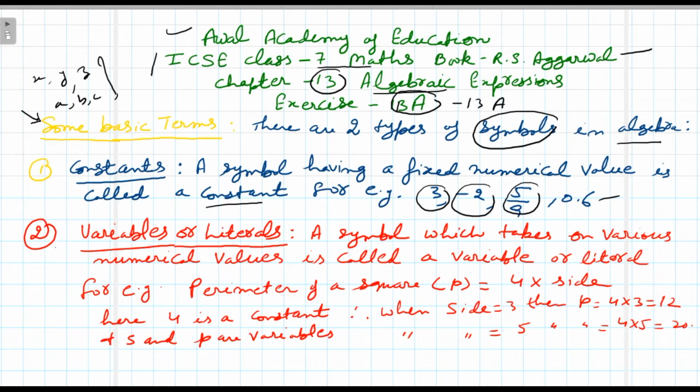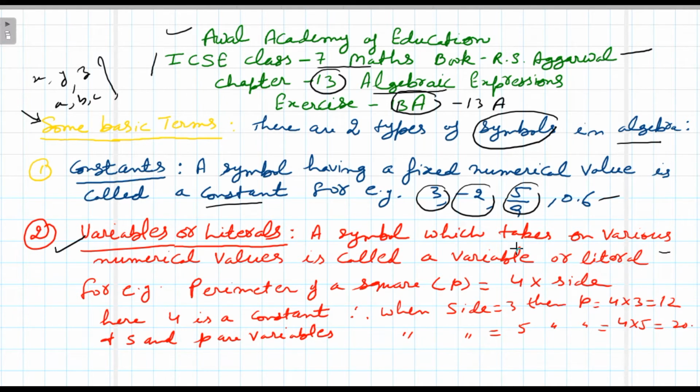Now we have other symbols. They are variables or literals. A symbol which takes on various numerical values is called a variable or literal, right?